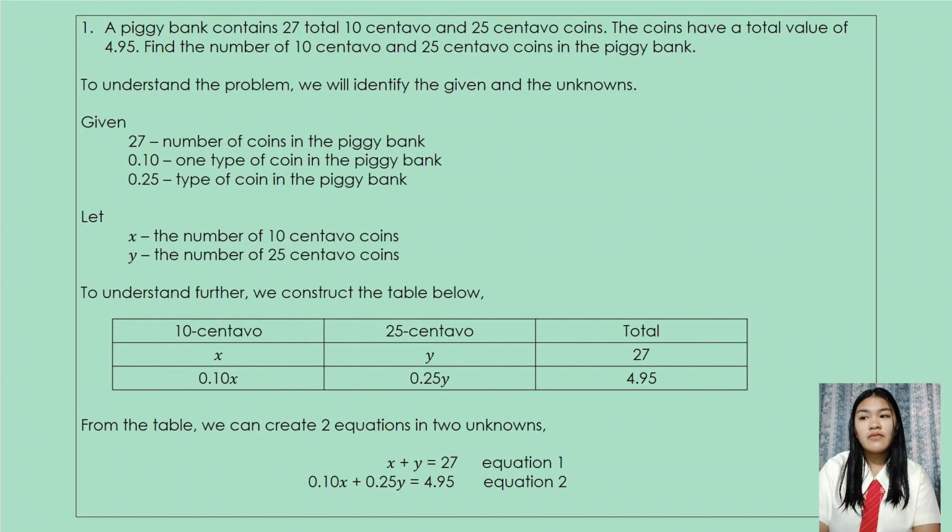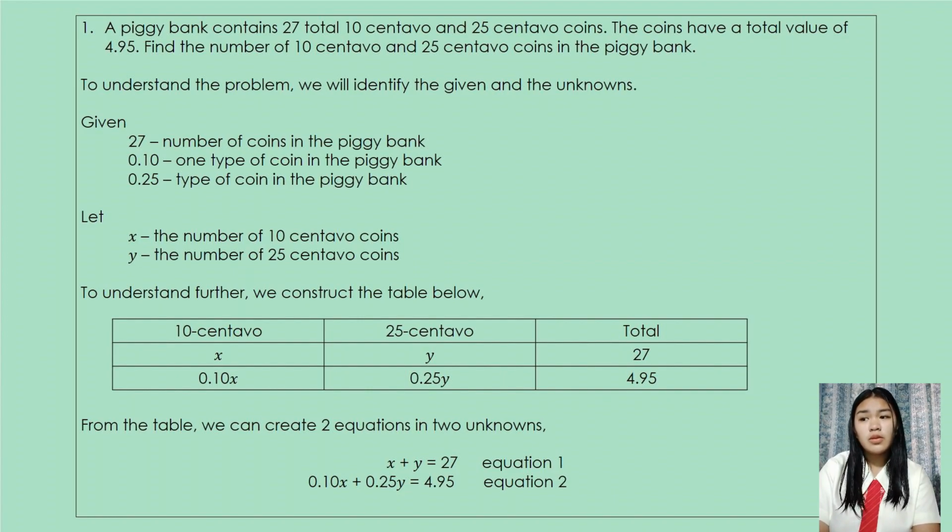Under the 10 centavo is X and under the 25 centavo is Y, which have a total of 27. Under the 10 centavo is 0.10 times X and under the 25 centavo is 0.25 times Y, with a total of 4.95.